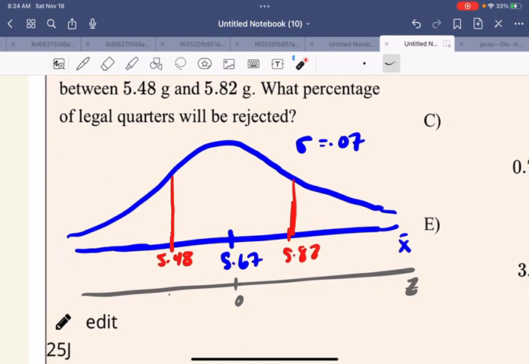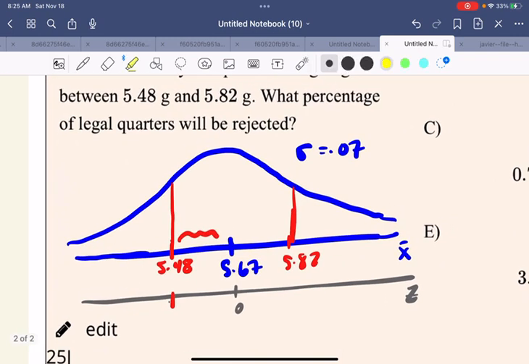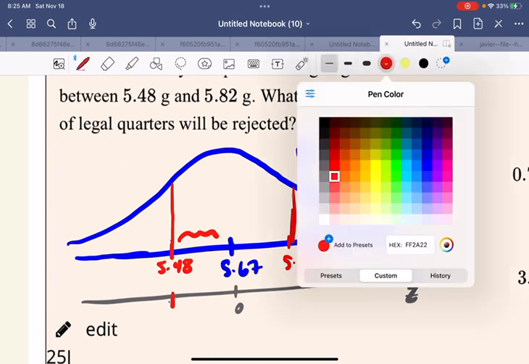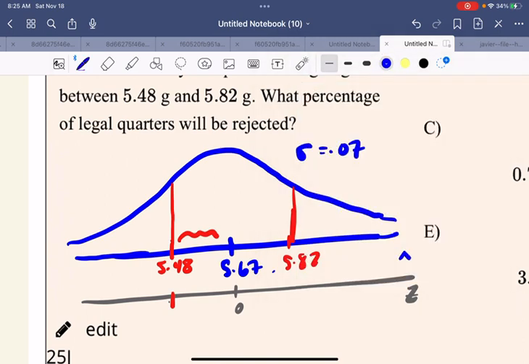All right, talk is cheap. Let's do it. First thing I'm going to do is figure out what the z-scores are. First of all, let's measure this distance in actual grams. In actual grams, by the way, this should have been x, if you want to be pedantic about that.